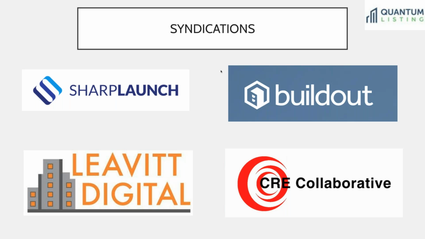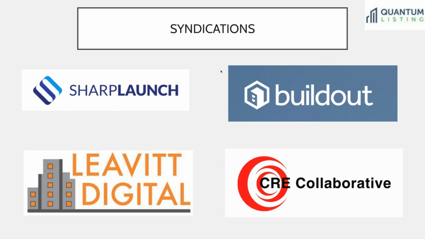You choose whether you want all or just some of your listings to go over there. And in the not too distant future, you'll be able to decide whether you want to have your Quantum Listing data enriched by CRE Collaborative. What do I mean by enriched? They will provide information that you and I don't necessarily have at our fingertips, such as block and lot number, maybe some ownership information, some history, and I encourage you to check them out as well.